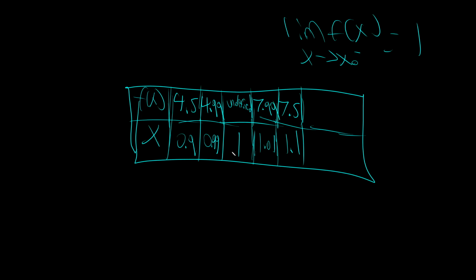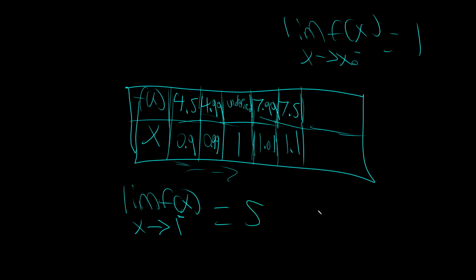So it's obvious from our left side, our smaller values, we're getting bigger as we go here. So this is our left-sided limit. The limit of f of x as x approaches 1 from the negative side is, let's see, this is getting really close to 5. And we have the limit of f of x as x approaches 1 from the positive side, which we can see is our positive side.